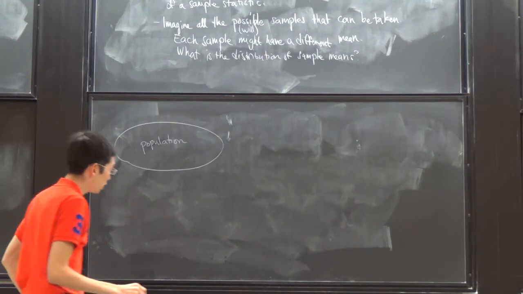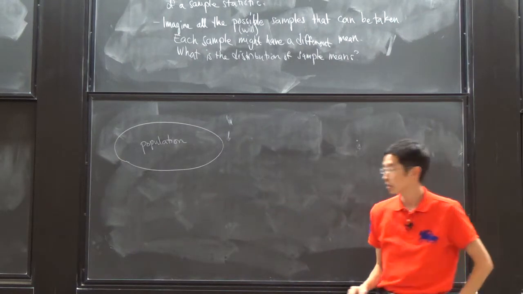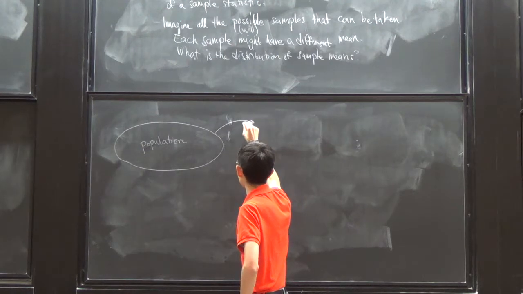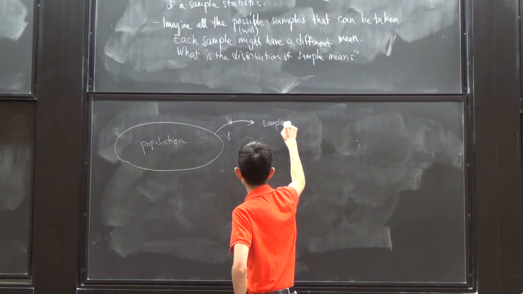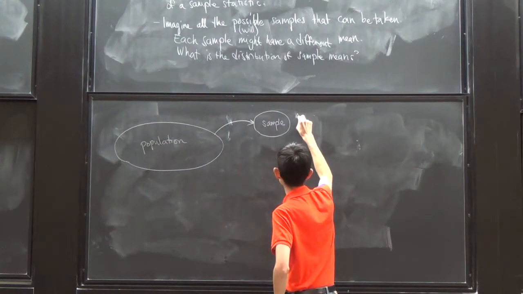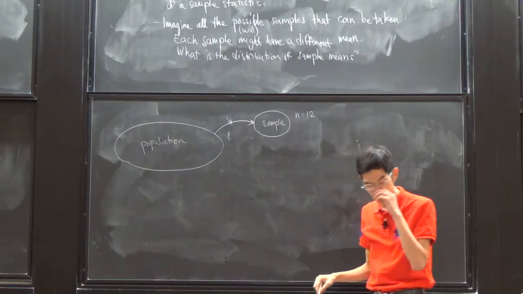The population is huge. But maybe we aren't looking exactly at the population itself. Maybe from the population, we draw a sample. Let's say 12 items. N is equal to 12.